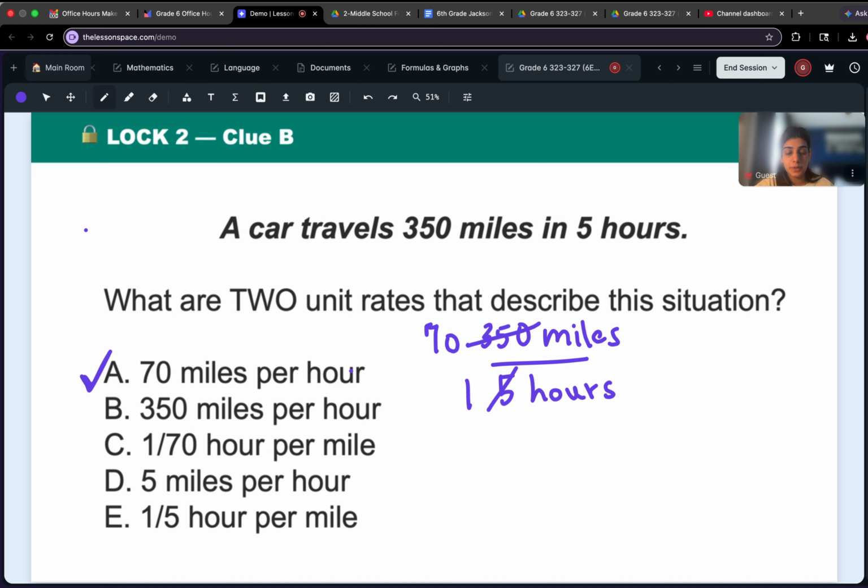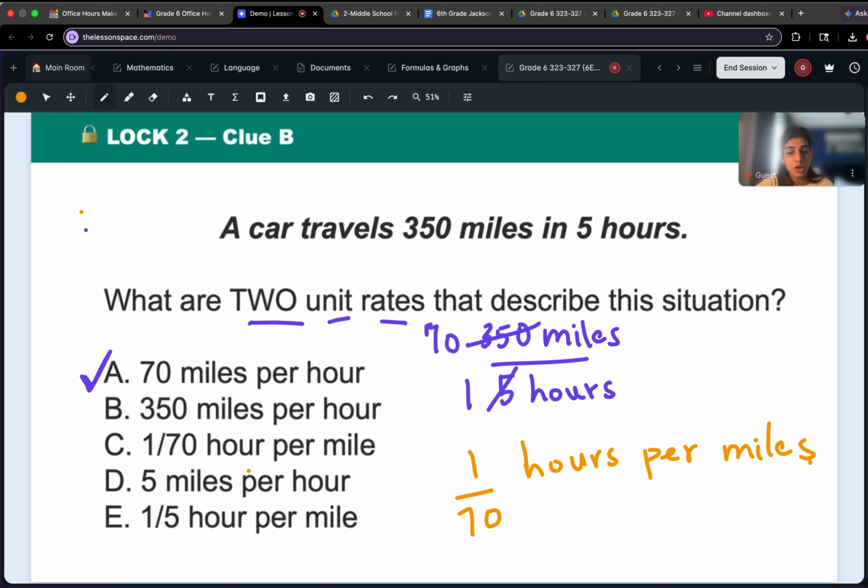Because the question asks about the two unit rates, this entire situation can also be written as 1 over 70 hours per mile. We have just inverted it, right?